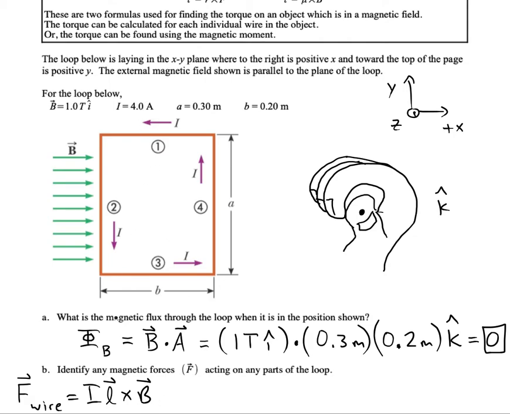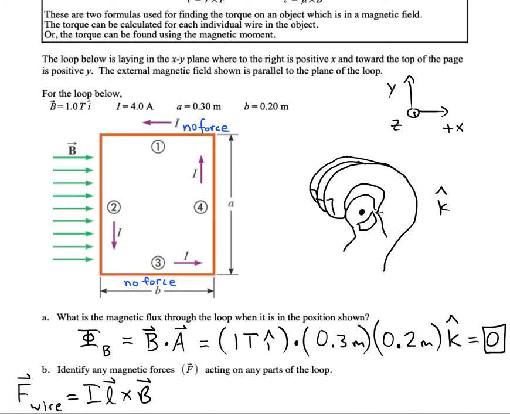As you can see, the direction of current and the direction of the field are 180 degrees opposite, which means that we will have no force on wire 1. By that same token, for wire 3, we're going to have no force. But we will have forces on wires 2 and 4.